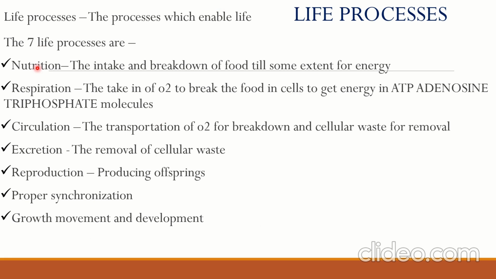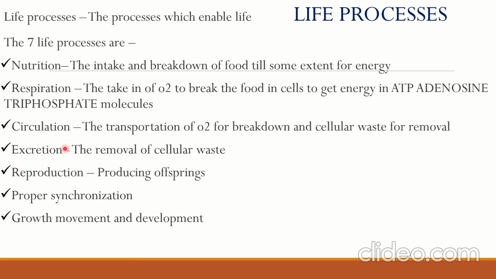Nutrition, where you take in food and break it down to some extent. And then respiration, where you take O2 and the food is broken down to form adenosine triphosphate molecules, and then the carbon dioxide, the other byproduct, is also removed through respiration, and all the transportation of all these particles happens through the process called circulation.